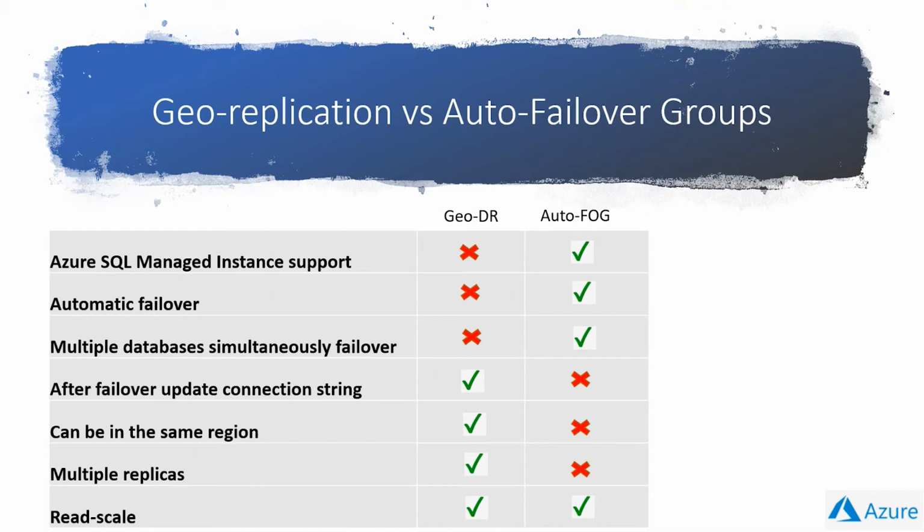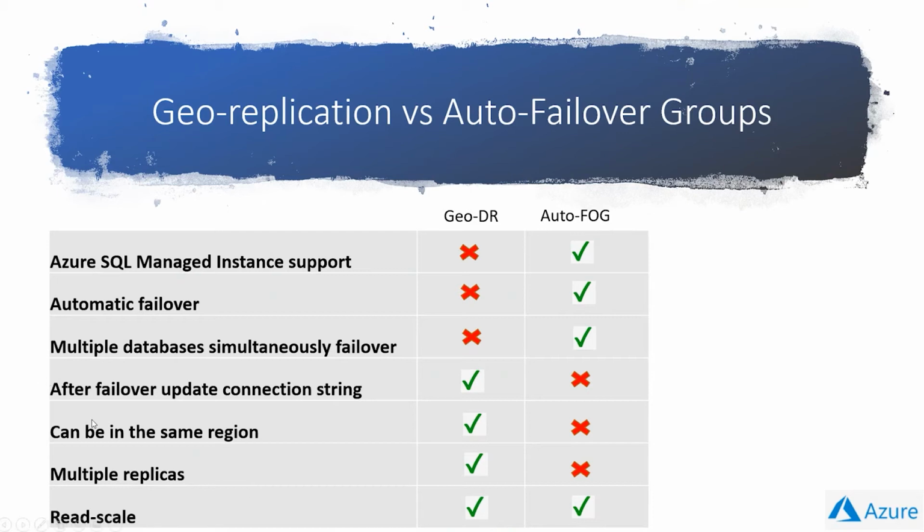And the reason is GeoDR, at this point, we only do at the database level. And managed instance, we do at the instance level. It can have multiple databases inside. So basically, with auto failover groups, the way we are doing it now is we replicate the entire managed instance with all the databases inside to a different region.